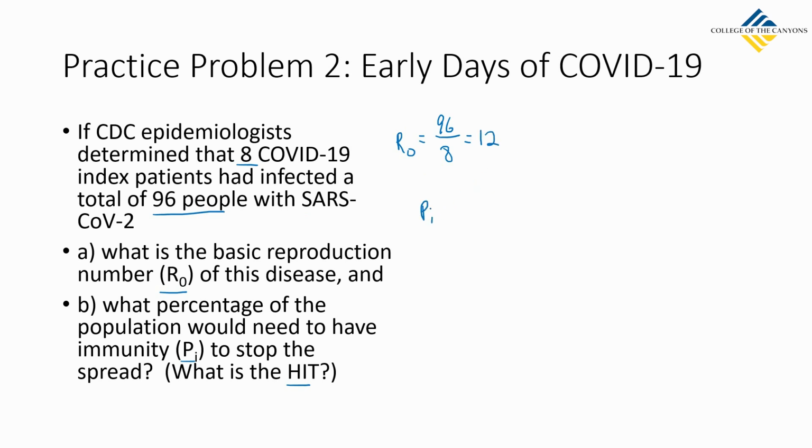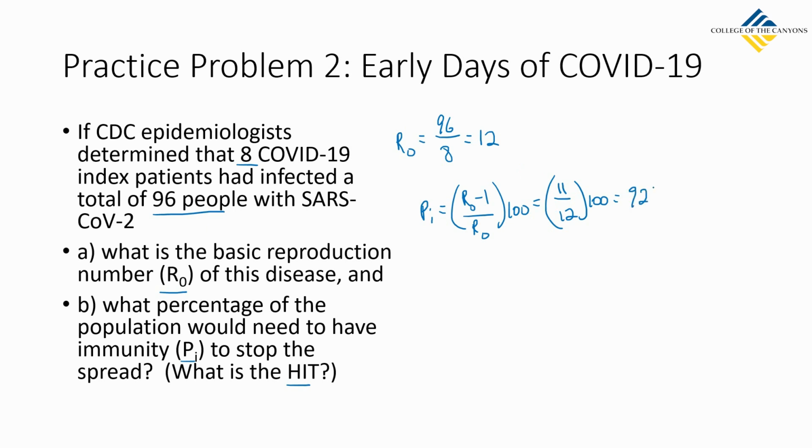And we'll go with the formula here, which is, I'll write it again, it's R0 minus 1 over R0. It's a very simple formula, times 100 for a percentage. And so we have R0 minus 1, so 12 minus 1 is 11 over 12 times 100, and 11 divided by 12 times 100, that's 91.7%.